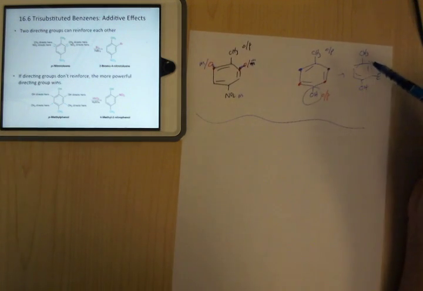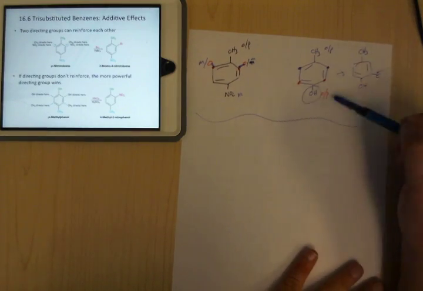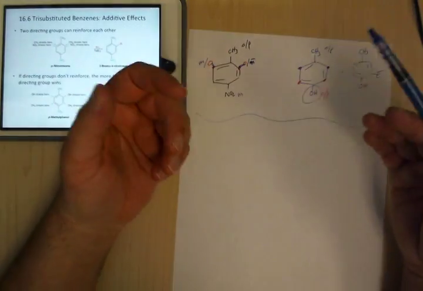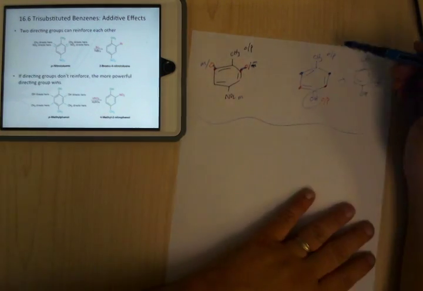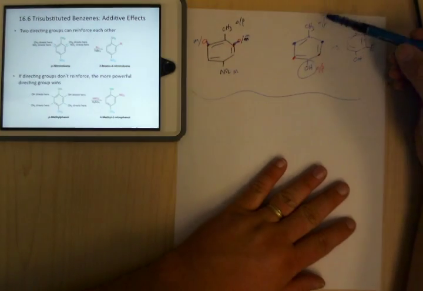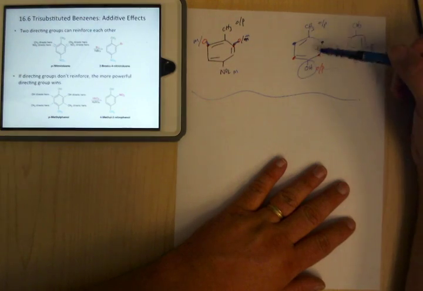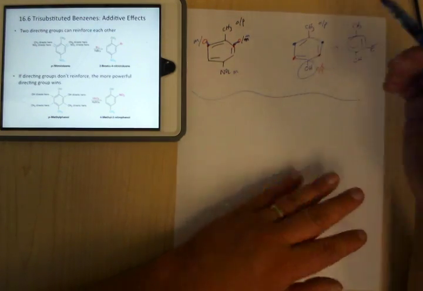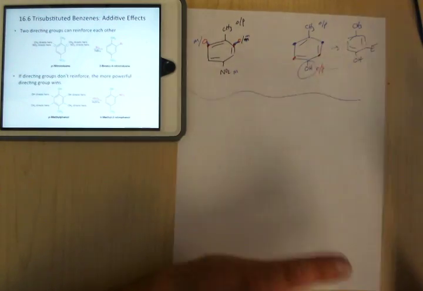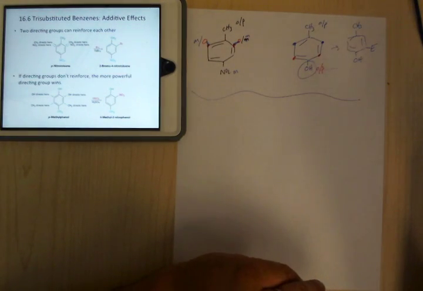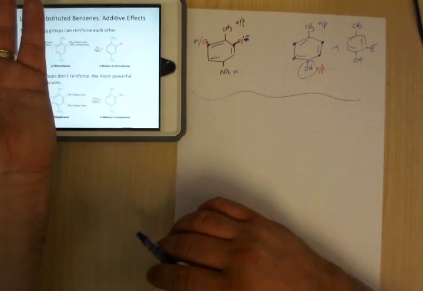I'm not going to necessarily throw that at you, saying which one's stronger or not, just because I don't like stuff like that. But for the most part, you can make the trend. Remember when you were naming the benzenes, if you had two base structures, the other base structure is always going to be higher priority than toluene, which was the methyl group.